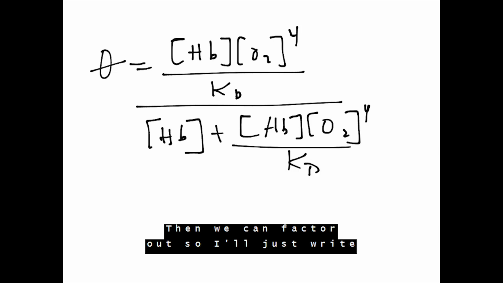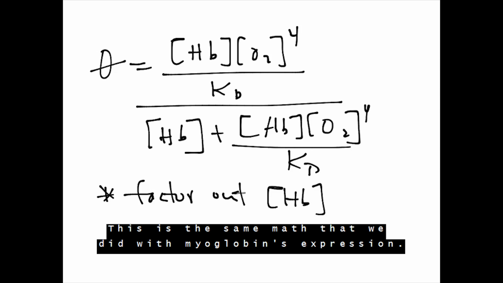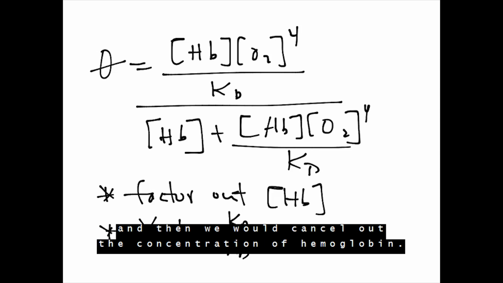divided by the KD. Then we can factor out, so I'll just write down the math I would do, factor out the concentration of hemoglobin. This is the same math that we did with myoglobin's expression. Then we would multiply by the KD over the KD, so multiplying by 1, and then we would cancel out the concentration of hemoglobin.